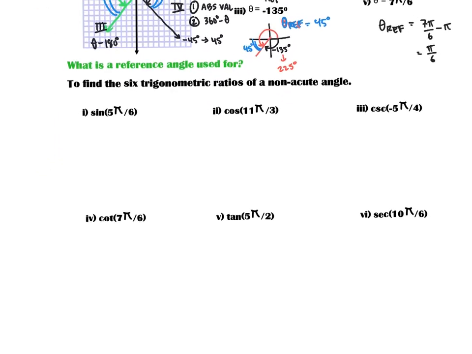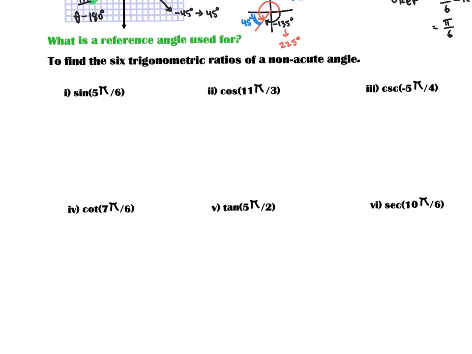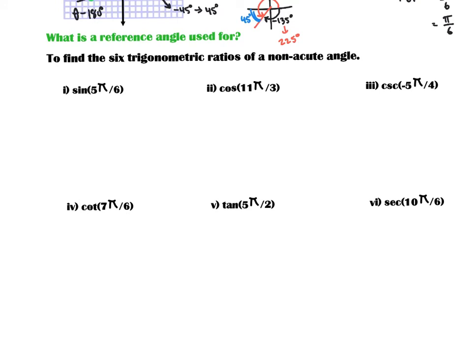Okay, so what is the reference angle used for? Well, it's used for situations like the following. If you go outside of quadrant 1, it can be more difficult to figure out the sine, cosine, tangent, all the good stuff involving right triangle trig, because we're typically used to the measurements we'd see in quadrant 1.